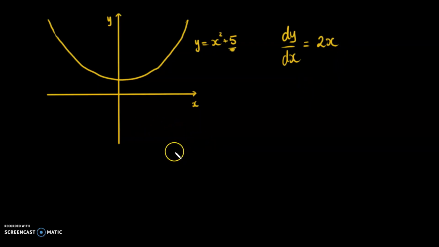Okay, so now let's look at another function, this time with multiple parts. So say I had y equals 2x cubed plus 4x squared minus 5. So we know that this constant here must just disappear.